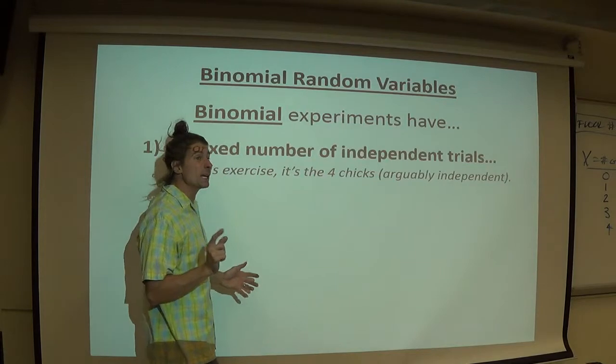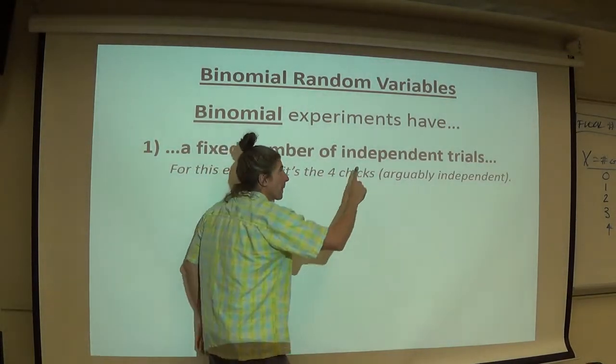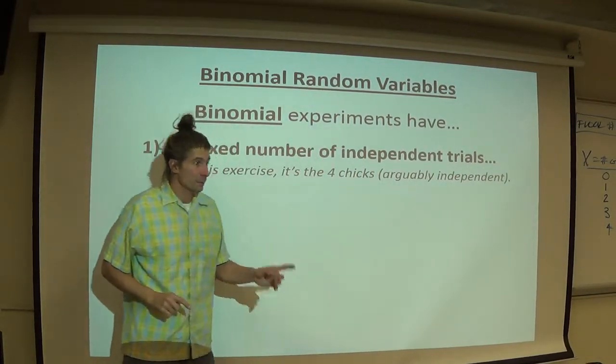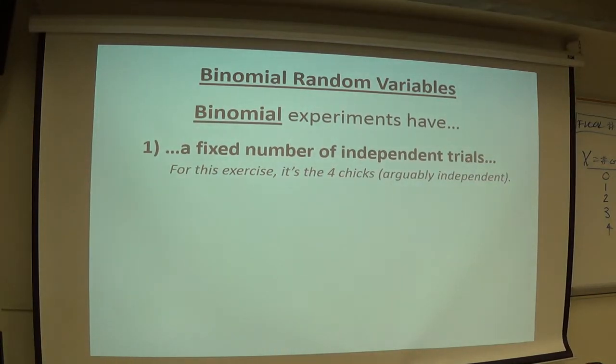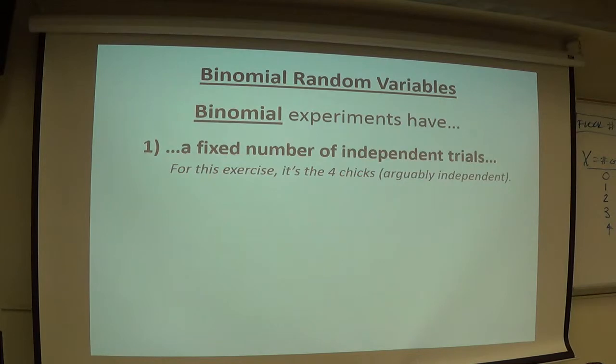Now, the key word that we cheated a little bit on is independent. We did cheat a little bit because they really weren't independent. The next bird that comes out does depend a little bit on the bird that came out right before her or him. For example, if I pulled a girl out, that means I've now decreased the number of girls in that box.